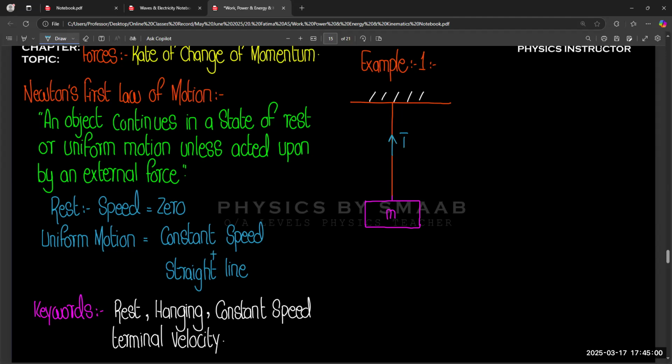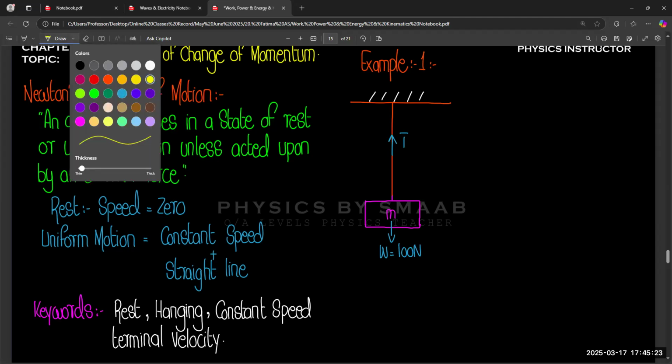Tension is also a force, but the word tension is actually used for the string, cable, or wire that is connected with the object and supporting that object. So this is the direction of the tension, in the upward direction. And let's suppose the weight of the body is 100 Newton, right? So in this situation, we can say that the box is in equilibrium state.